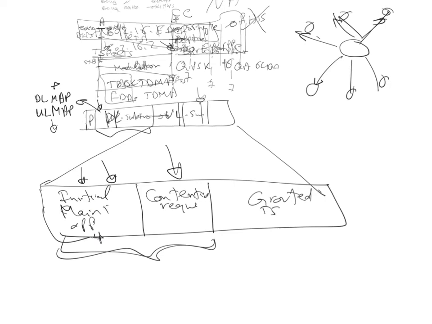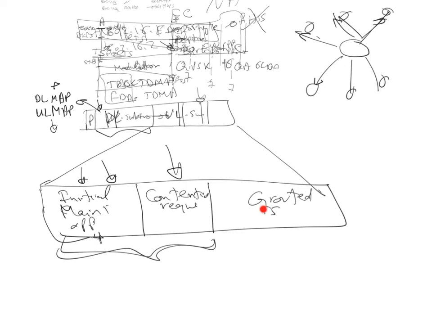Here, I could have implicit bandwidth requests based on some slip indicators or some queue states. Here, I have explicit bandwidth requests, but also based on contention. And here, I could also have explicit bandwidth requests based on the fact that I allocate my time slot to send the bandwidth information, not to send data.